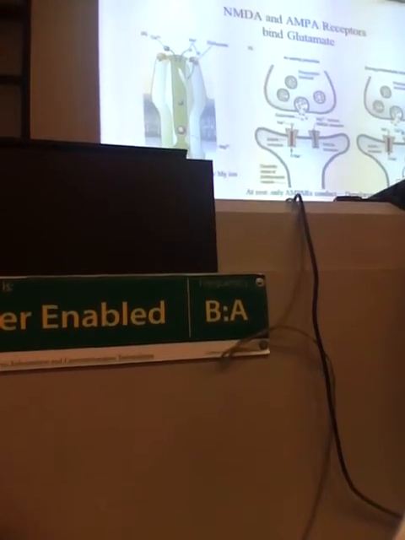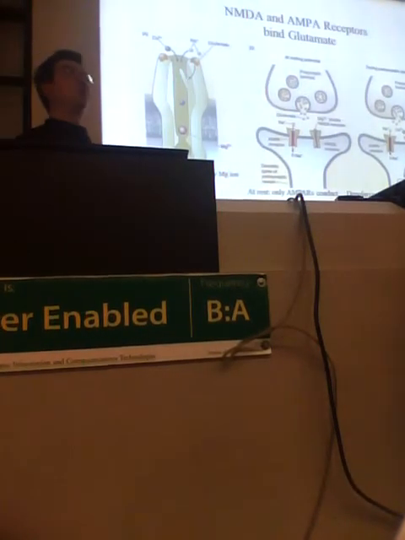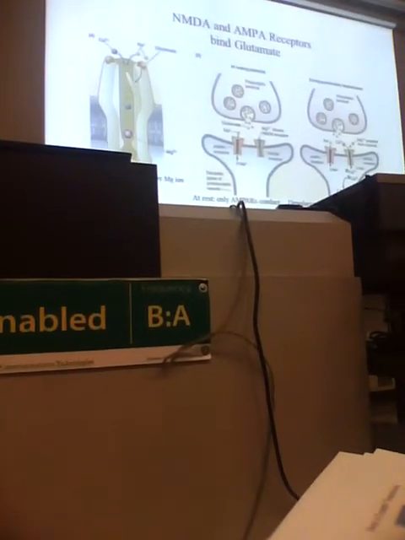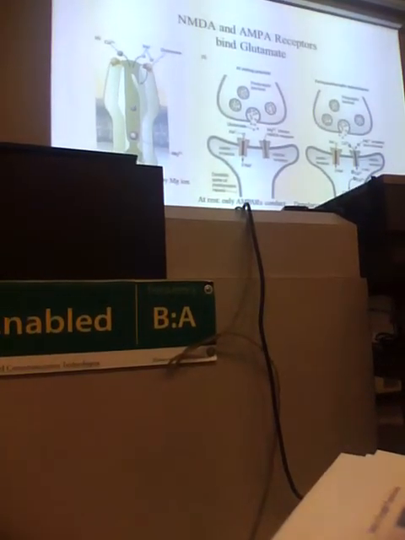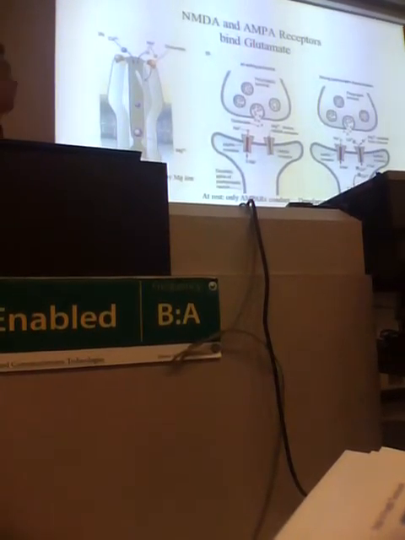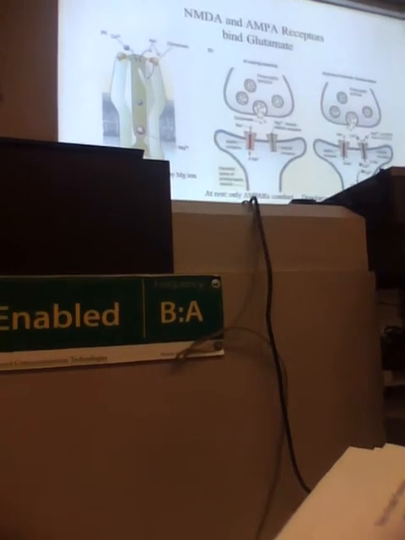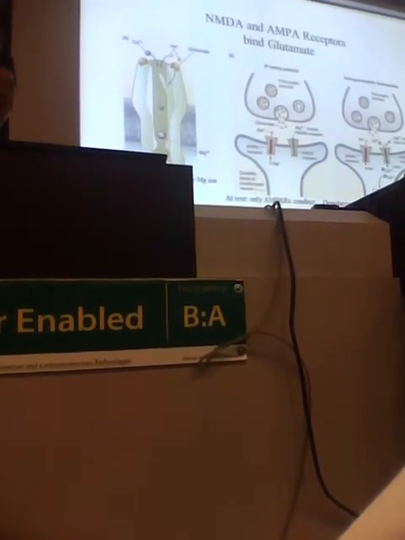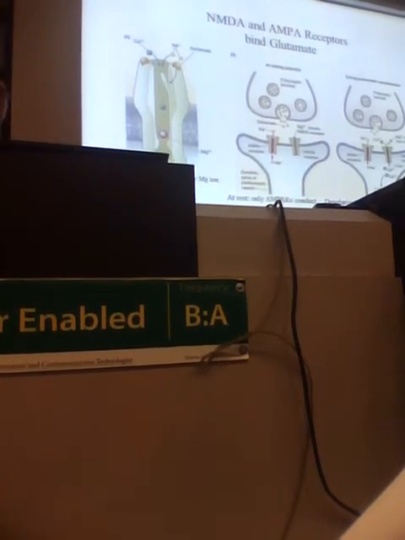When it's active, it basically enables the cell to know that both presynaptic activation and postsynaptic activation are occurring simultaneously. And when this occurs, when NMDA receptors are activated, you get all sorts of interesting forms of synaptic modification, such as long-term potentiation, which has been linked in some cases to learning and memory.